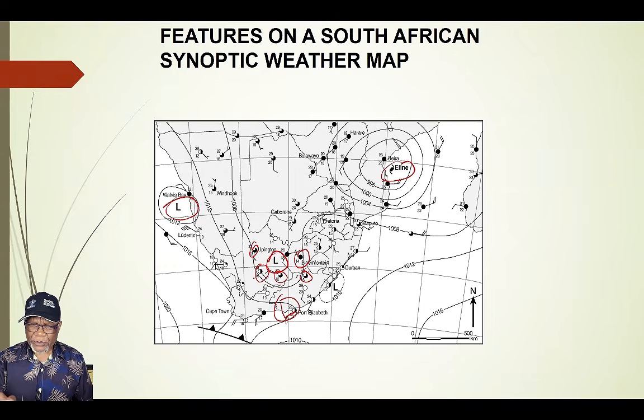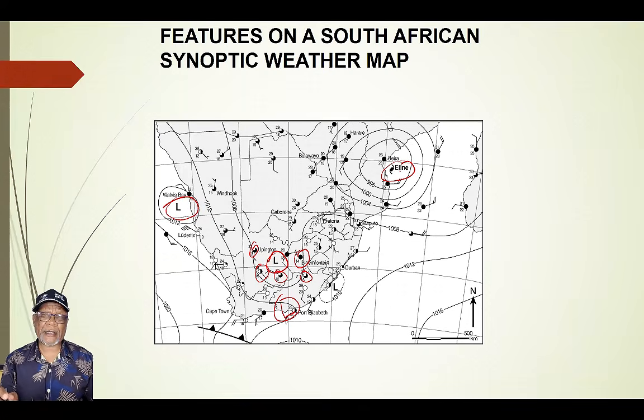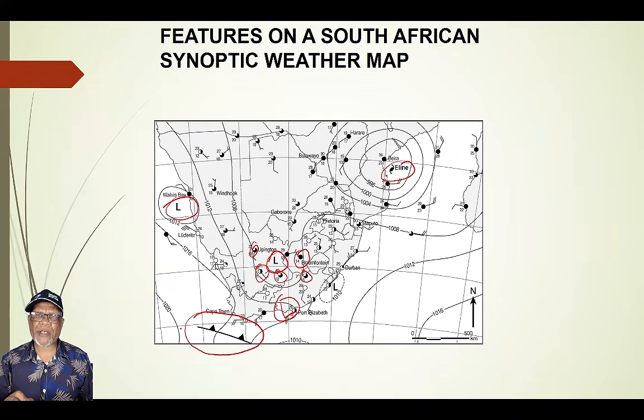So this is evidence that this is a summer synoptic weather map. You can also see what we have there: tropical cyclones, and tropical cyclones occur during warmer seasons, which will be your autumn and your summer. So it is clear that this is summer. And then you can see as well that the mid-latitude cyclone is further south.